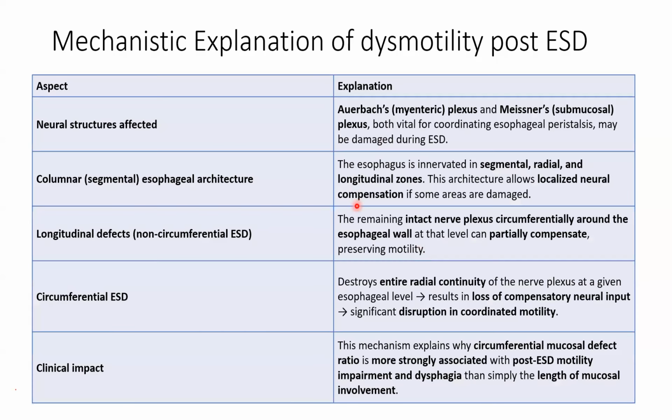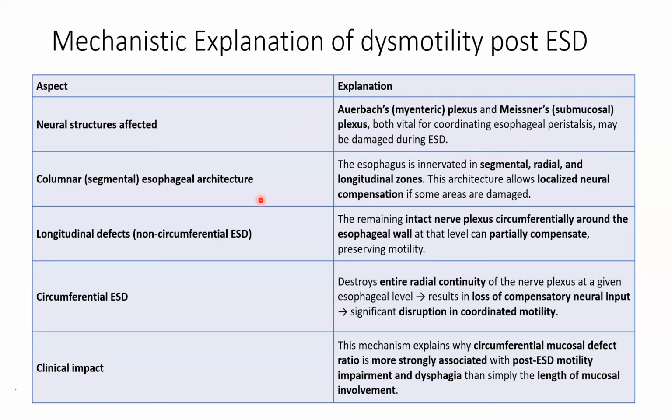So what happens? The neural structures are affected, the Meissner plexus, and one good study also said that the Auerbach plexus is also affected, because there are neurons which go from the Meissner to the Auerbach plexus, which contain a lot of important information regarding the peristalsis. So if you're cutting through them, there definitely has to be a secondary effect on the Auerbach plexus also.